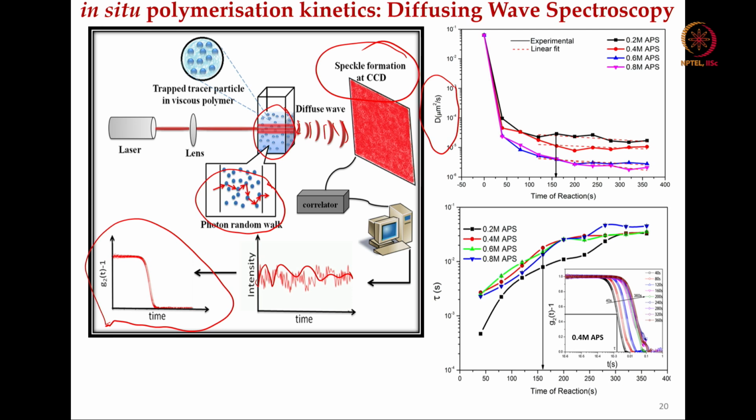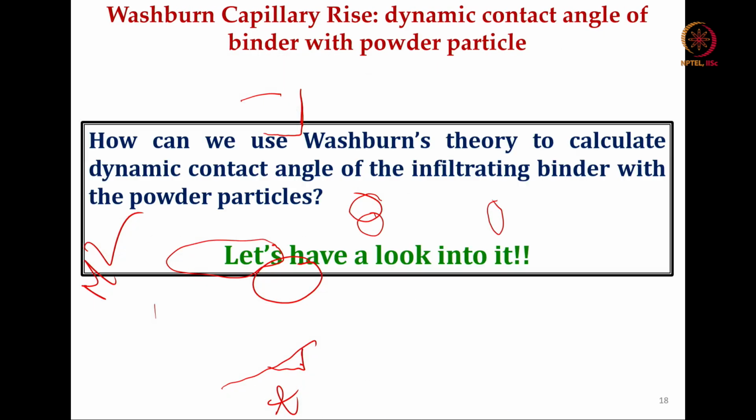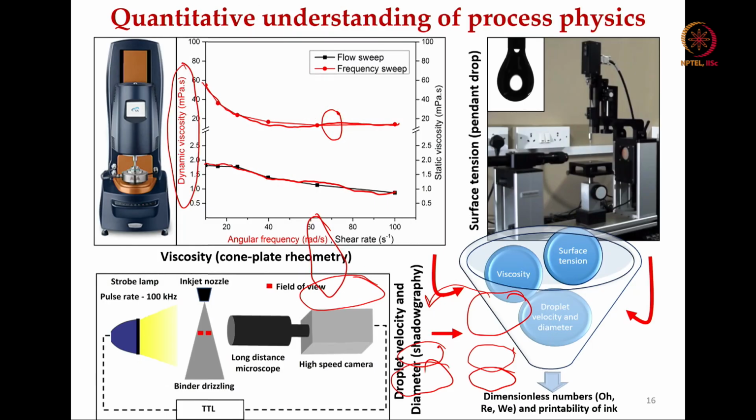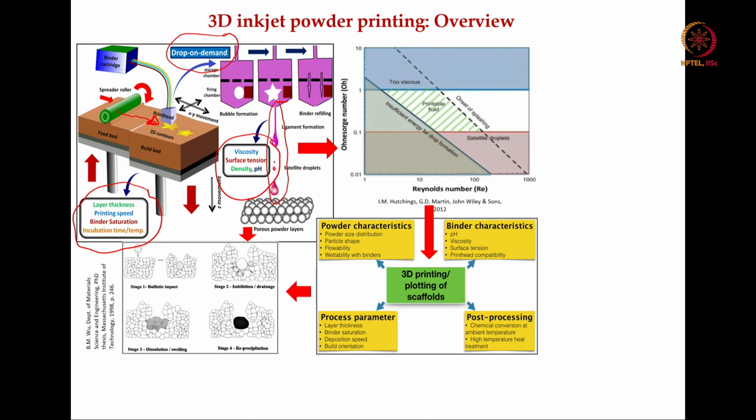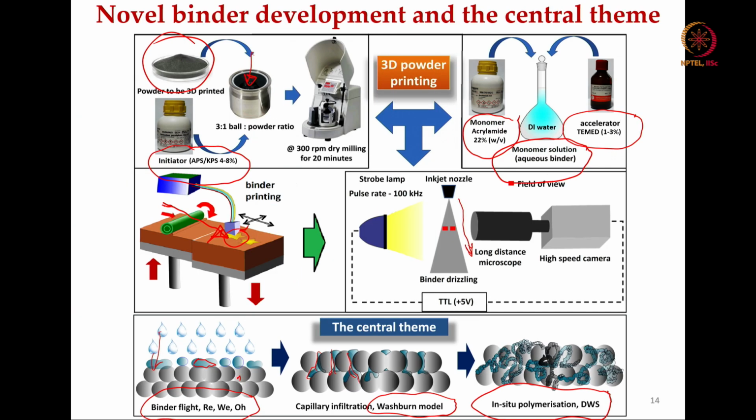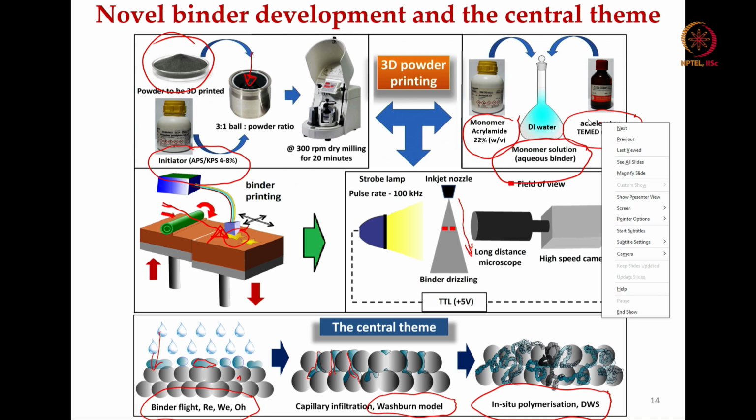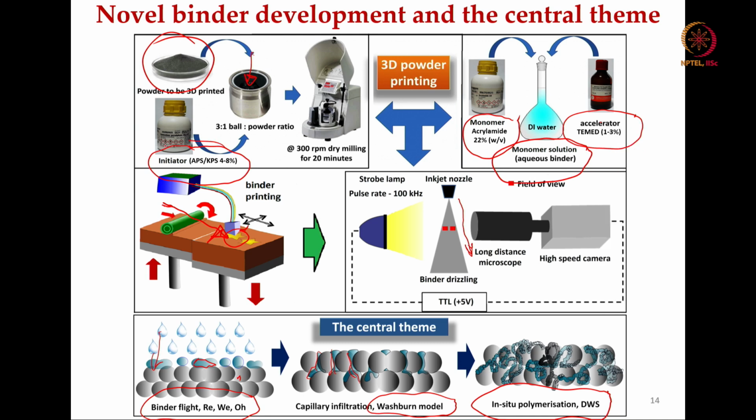So, if you go back to the earlier in situ polymerization formulation, if you remember, the important constituent in this particular case is that powder is mixed with APS, and APS can be varied between 4 to 8%, the monomer is acrylamide, and your accelerator is also varied from 1 to 3%.